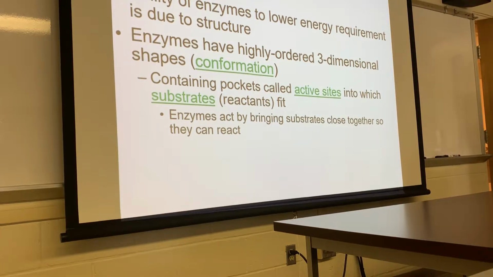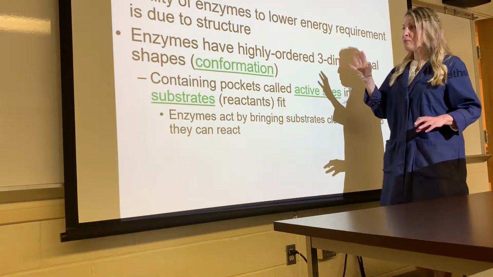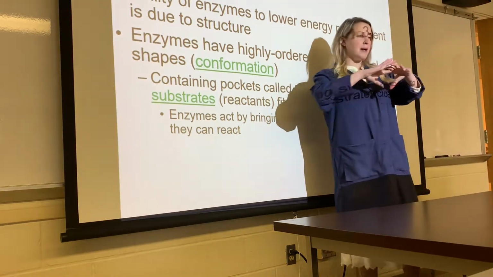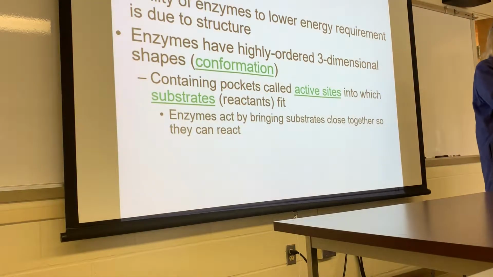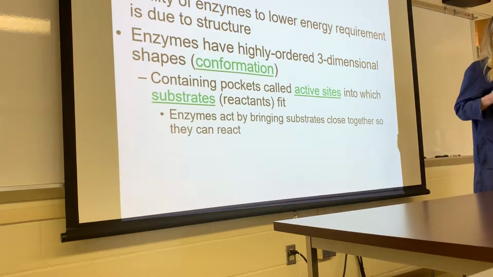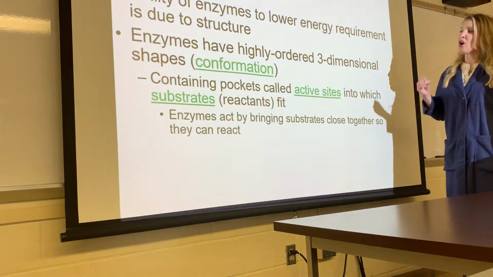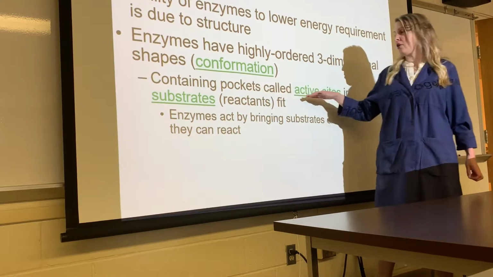Why? Because if you have one amino acid out of place, there can be a very strange folding of the protein, and it won't be the right shape, in which case it's not going to function properly, because the enzymes all have something called an active site.